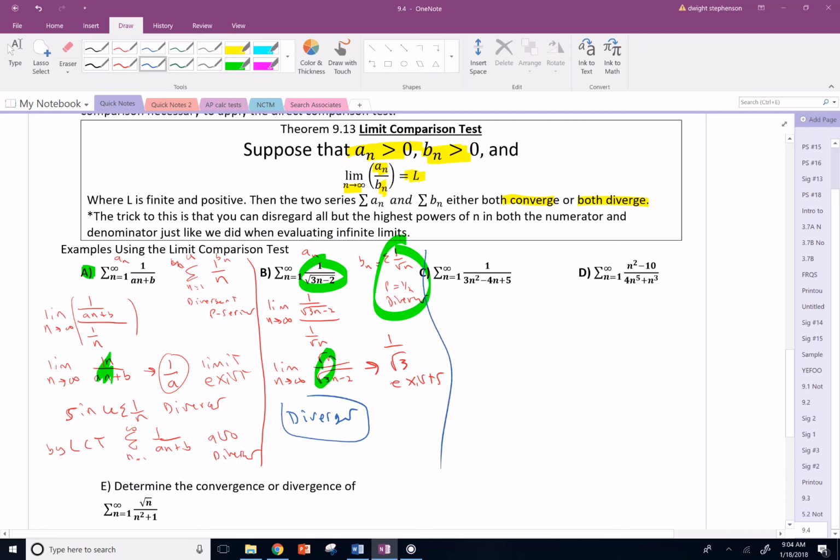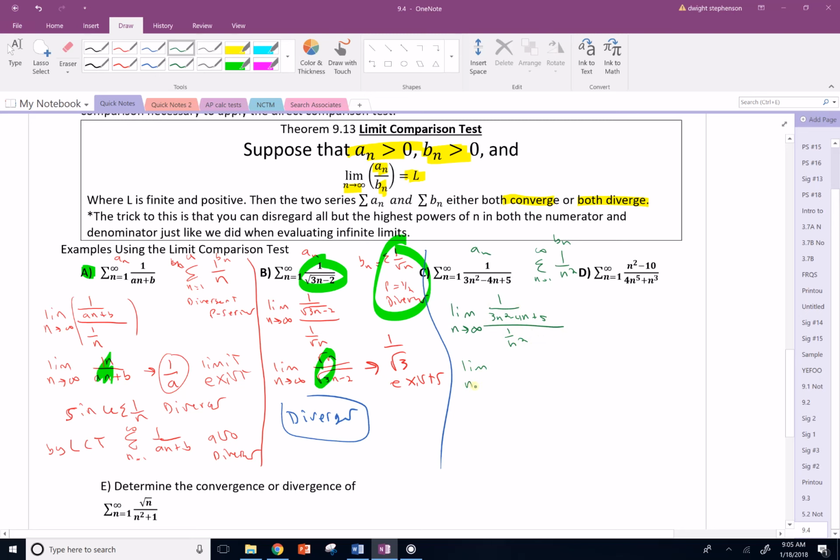Okay, next one: 1 over 3n squared minus 4n plus 5. A similar series for this is maybe 1 over n squared. So we're going to take the limit, maybe this is a_n and this is b_n, as n goes to infinity of a_n divided by b_n.